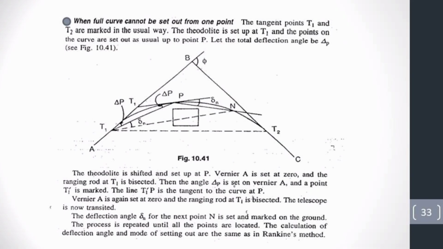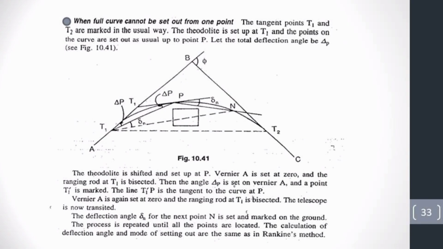So when a full curve cannot be set from one point, the tangent points T1 and T2 are marked in the usual way. Then the theodolite is set up at T1 and the points on the curve are set as usual up to the point P. There you can see on the diagram.